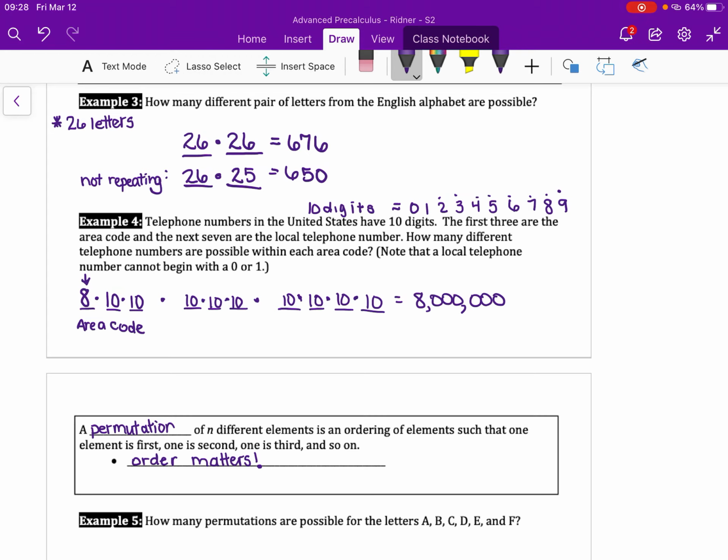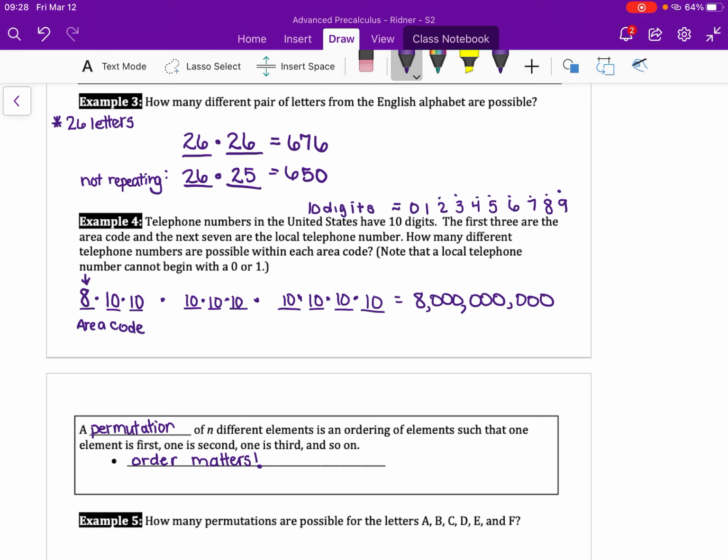Uh-oh, that is wrong. So how many zeros do we have? 1, 2, 3, 4, 5, 6, 7, 8, 9 zeros.